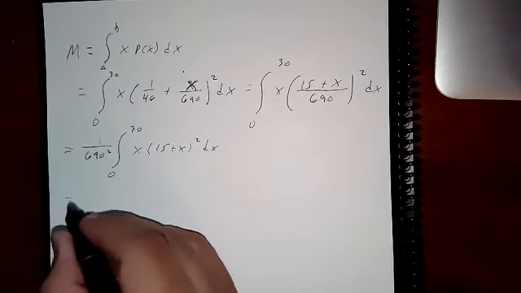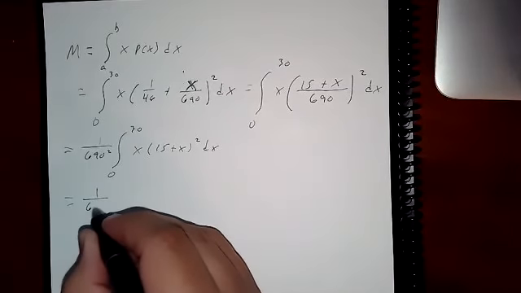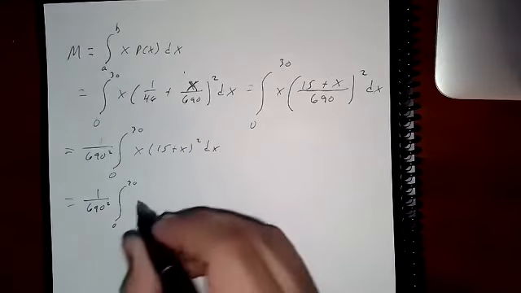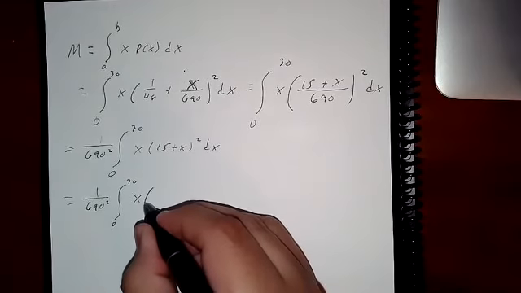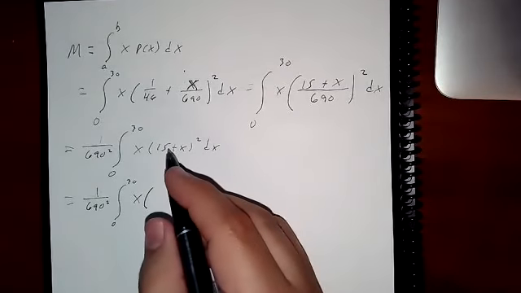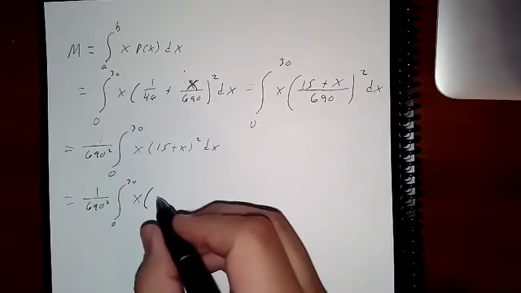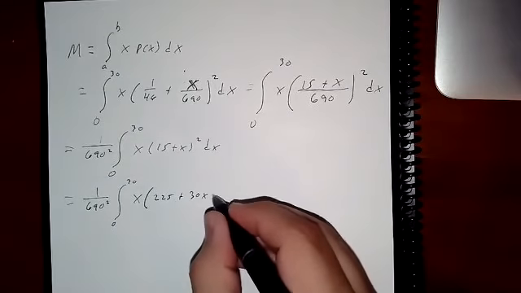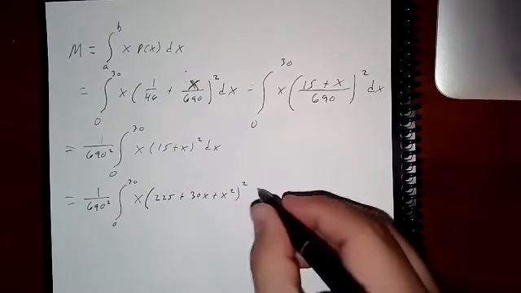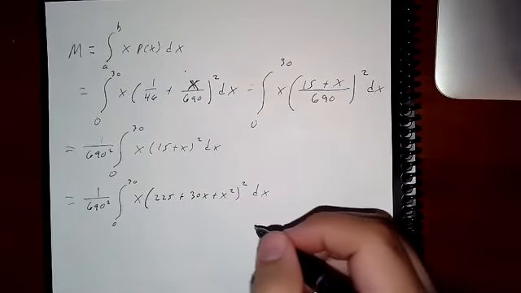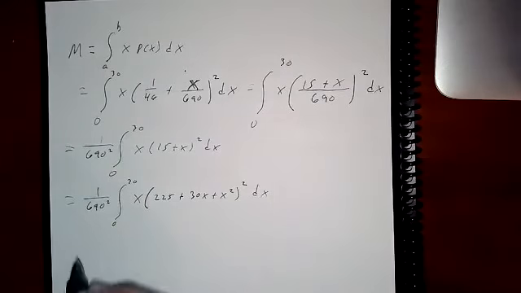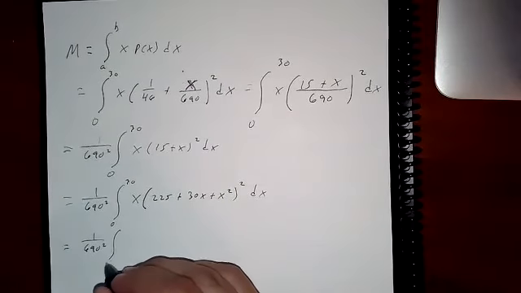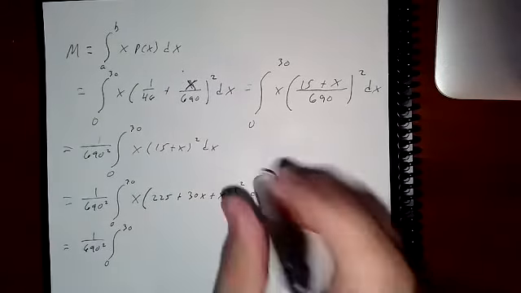So now it's getting more doable, right? Looks prettier. Then this would be x times, spoil this, that would be 225 plus 30x plus x squared. Distribute the x. Oh, yeah, I already squared it.